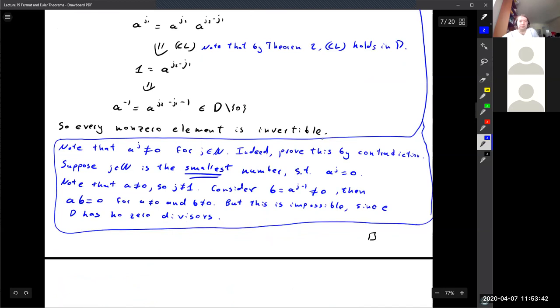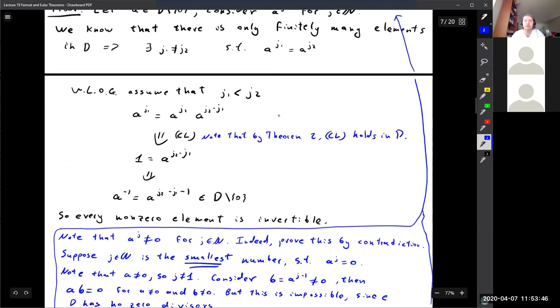Okay. So any more questions about the theorem or the proof?